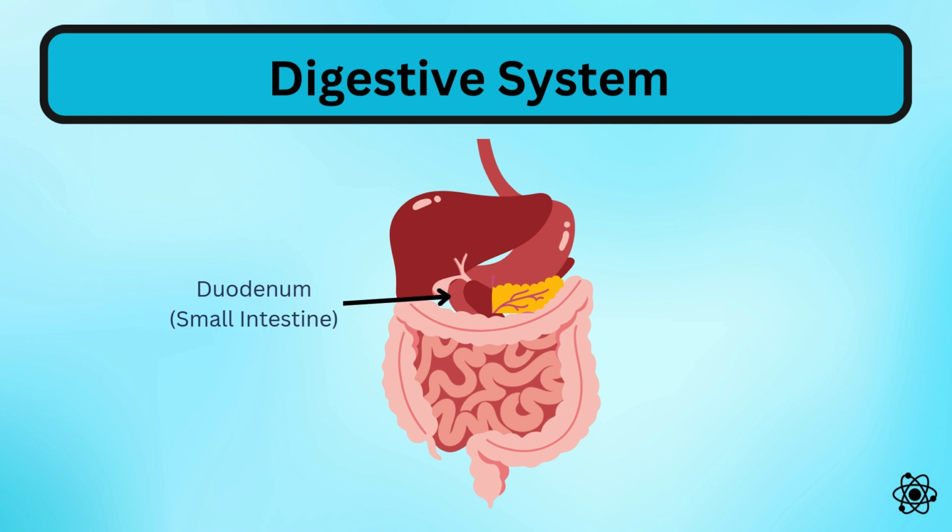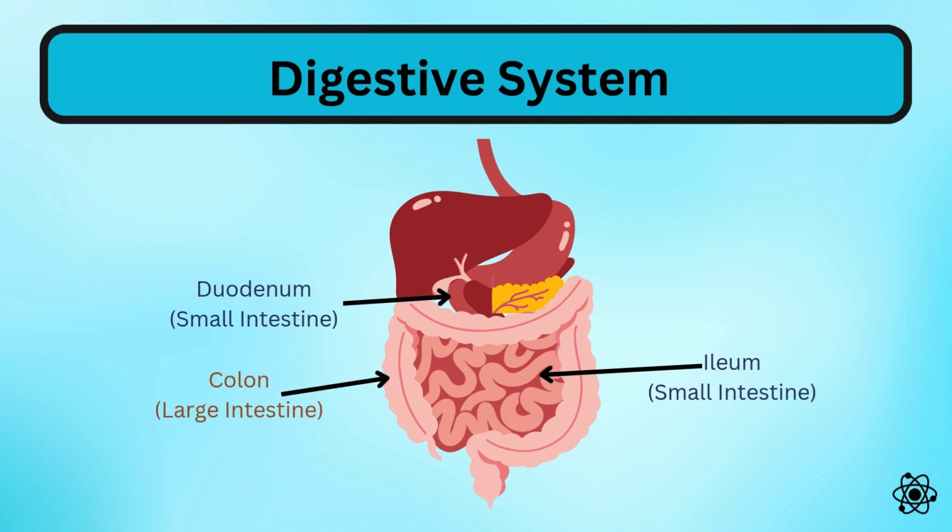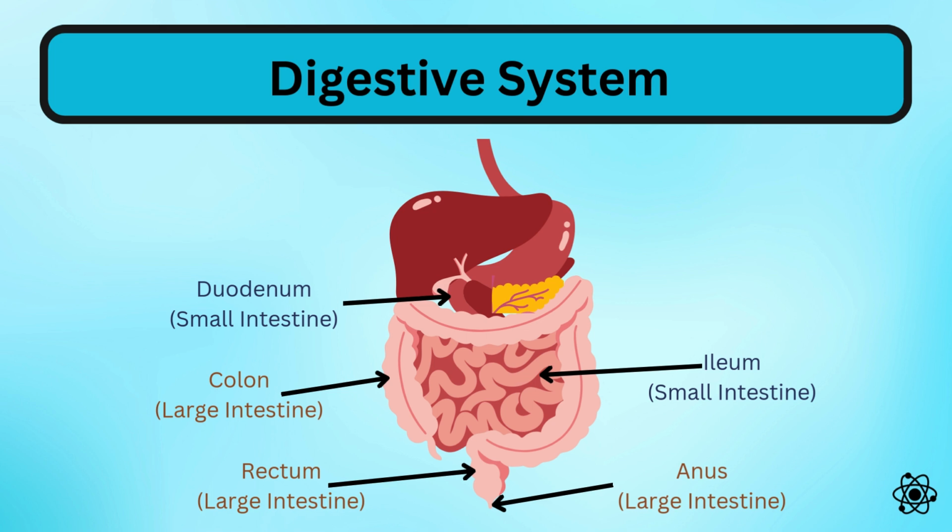The duodenum is the first part of the small intestine. The ileum is the second part of the small intestine. The colon makes up the larger part of the large intestine. The rectum and anus are also parts of the large intestine.